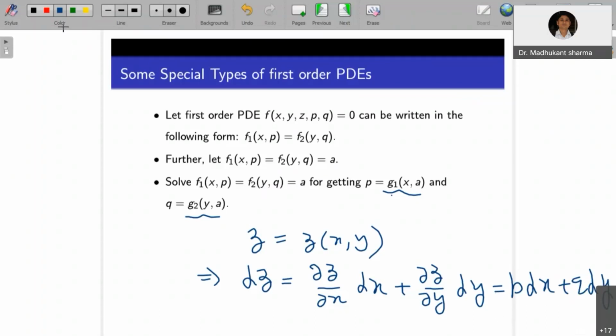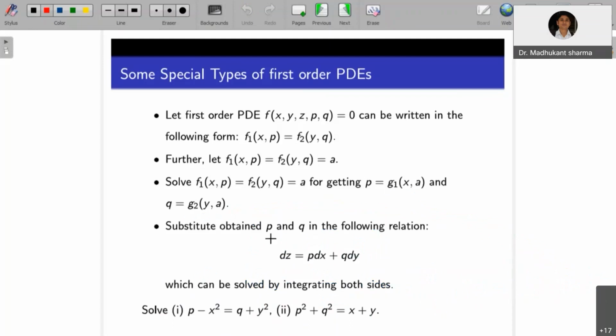Now if you use p as a function of x and a, and q as a function of y and a, you can easily integrate both sides to get the family. That's it. So substitute, obtain p and q in the following relation, then it can be solved by integrating both sides. You can note down these two problems and try to solve by this.